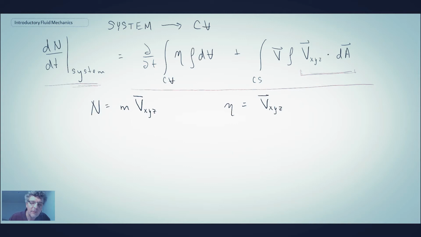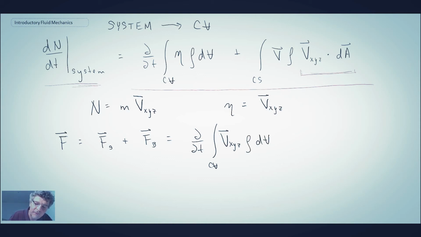So what we end up with for the case of linear momentum, the force balance that we have from F equals ma, we have surface forces plus body forces, and then on the right hand side we have our time rate of change integrated across the control volume, and our velocity here is measured with respect to the control volume.